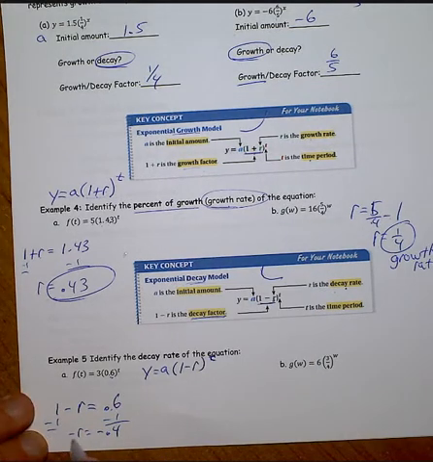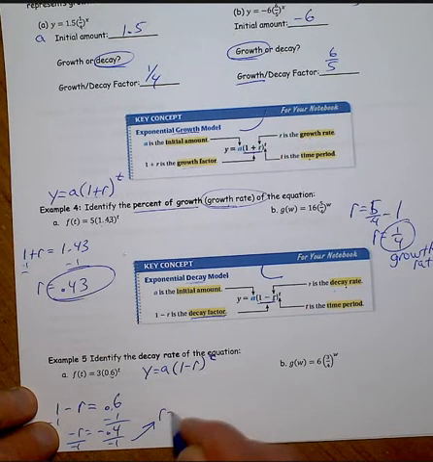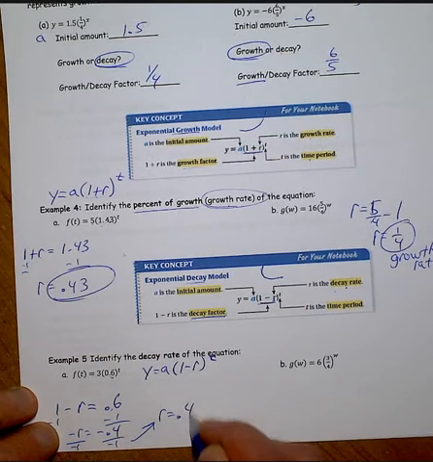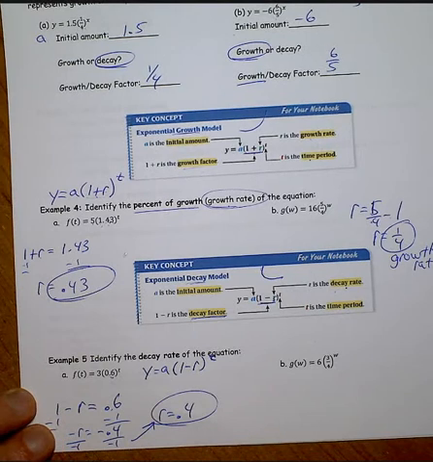But this is a negative r, so I got to multiply or divide by a negative 1, divide by a negative 1, and I get r equals 0.4. Okay? That's my decay rate. Alright? I'm going to take this, and I can say 1 minus this to get my decay rate for a shortcut.